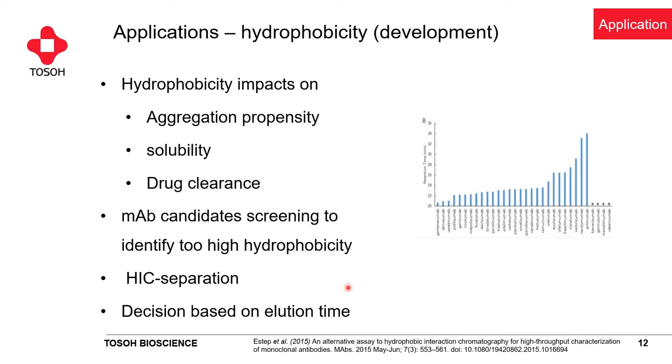And what you do is just screen your different proteins or protein candidates, run them on a hydrophobic interaction chromatography column, see when they elute, and from there you can get back to the hydrophobicity or surface hydrophobicity of your molecule and decide, is it okay to move on with the molecule or not.